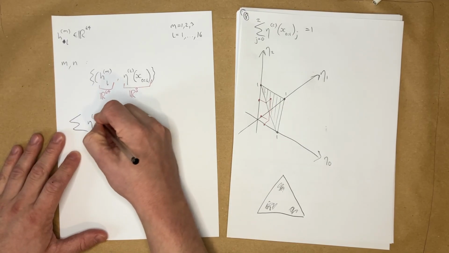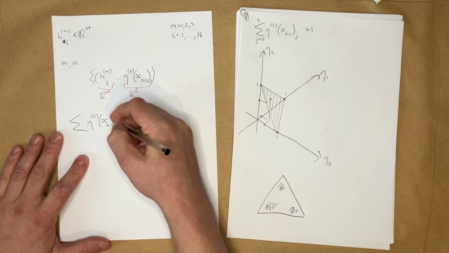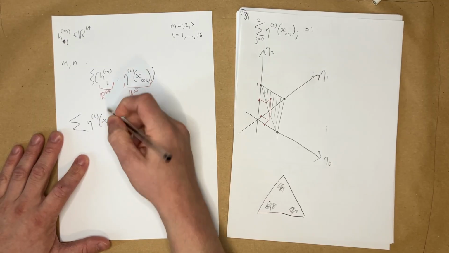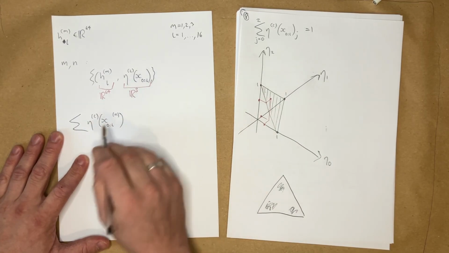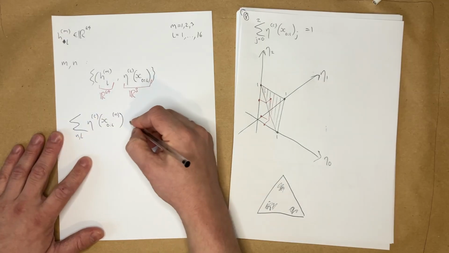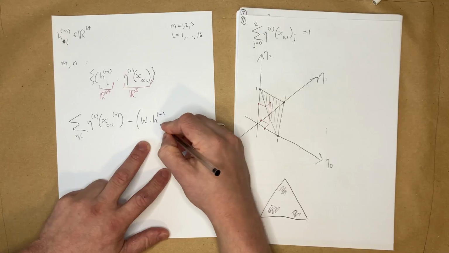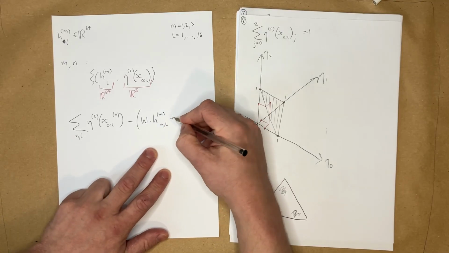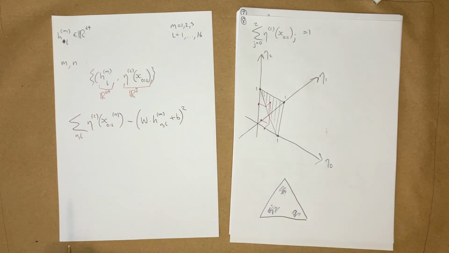We want to minimize the difference between the observed data points, as generated using the data generation process, with a weight matrix multiplied by these activations, N and L, and we'll add a small bias term as well, squared. So just standard least squares regression. I think there's a regularizer term as well in the paper, but I can't remember offhand. So I'll just have to look back at that.